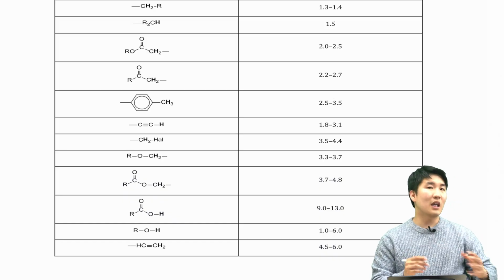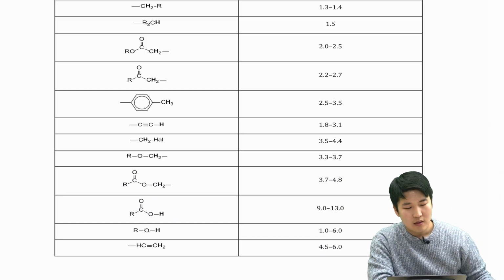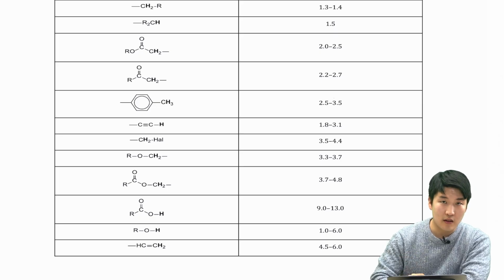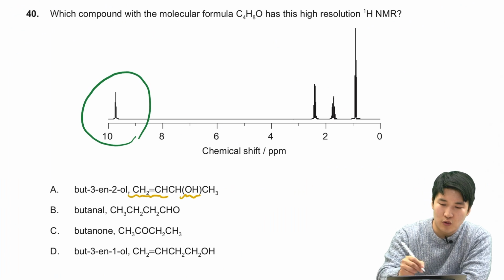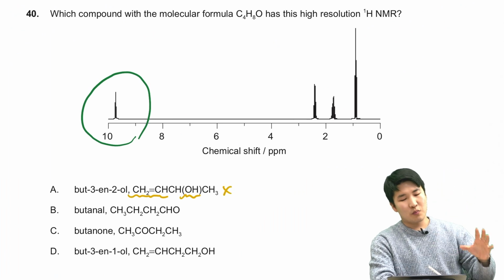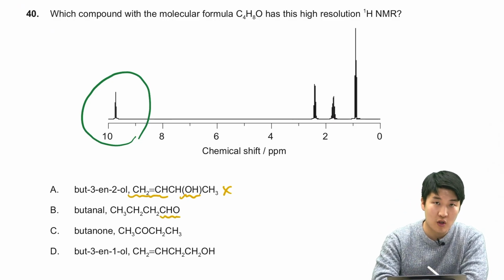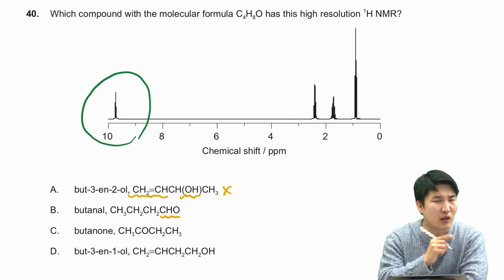At the bottom of the table, we have OH group 1 to 6 and a carbon to carbon double bond, neither of which will match the 10 ppm value. So we will cross the first option out. Second option, butanol, we'll try and look for the chemical shift of the characteristic carbonyl group for aldehyde, not ketone.